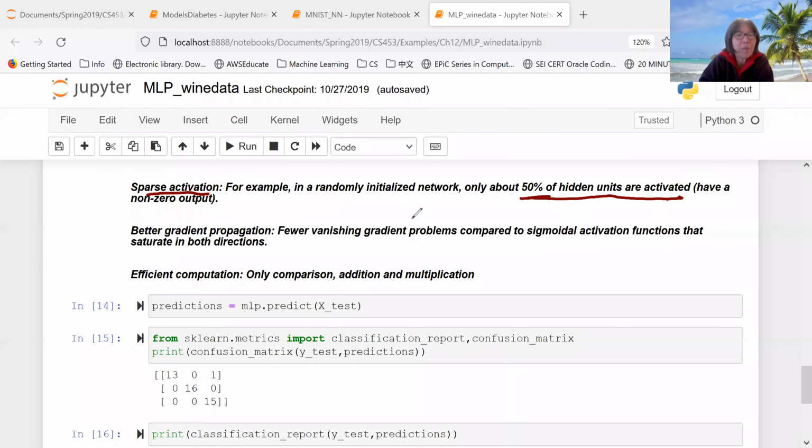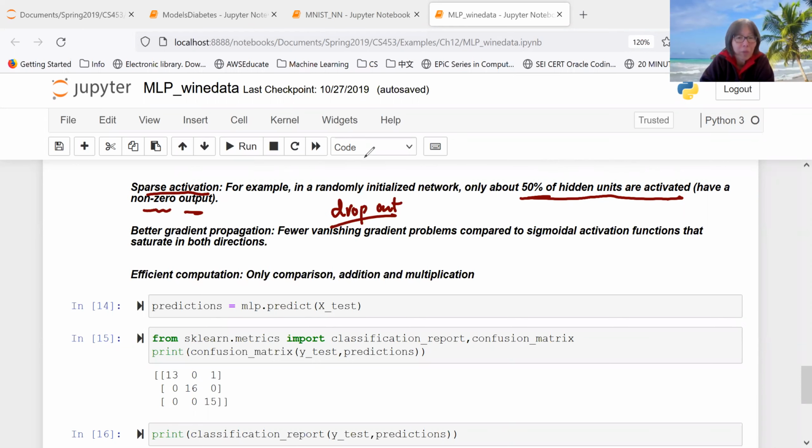Activated means the output is non-zero. So the other 50% is 0. So not all the weights are going to be activated. Later on we will also see in TensorFlow, we call it dropout.